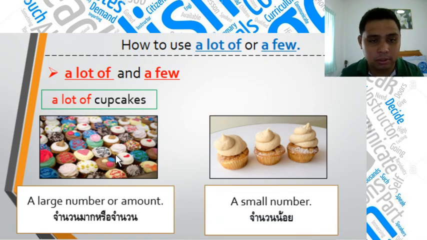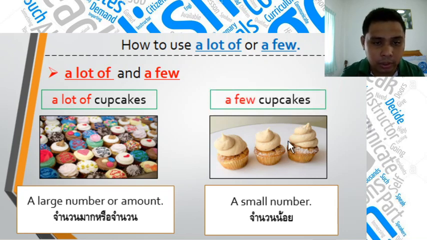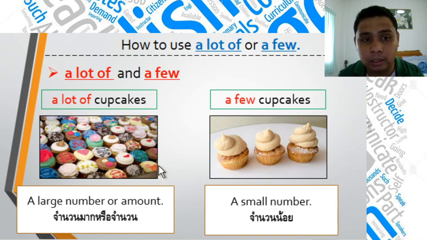Here is a small number, so we will use a few cupcakes. Remember, they are the same food, cupcakes, but a lot of and a few are used for different numbers of the object. A lot of means a large number or amount, a few is a small number.